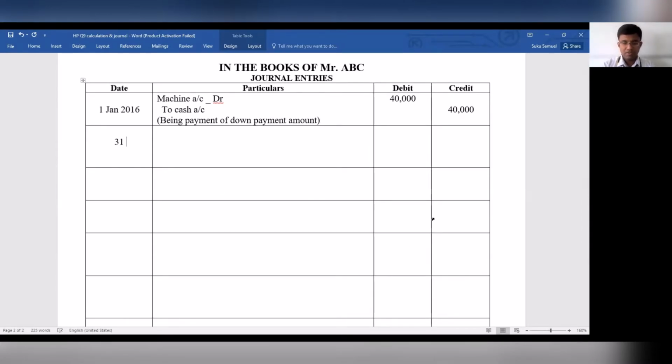The next entry will be on 31st of December 2016. The very first entry that we have to show here is for the fact that the part payment is due.